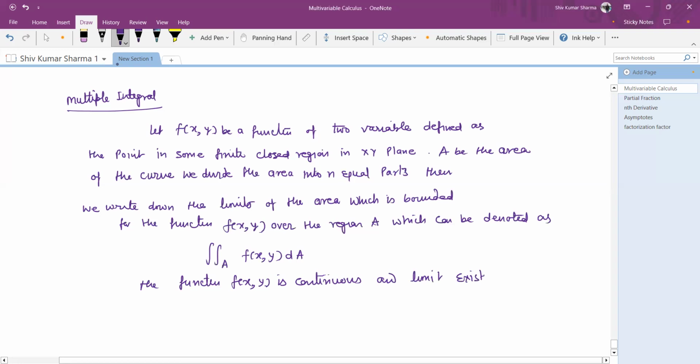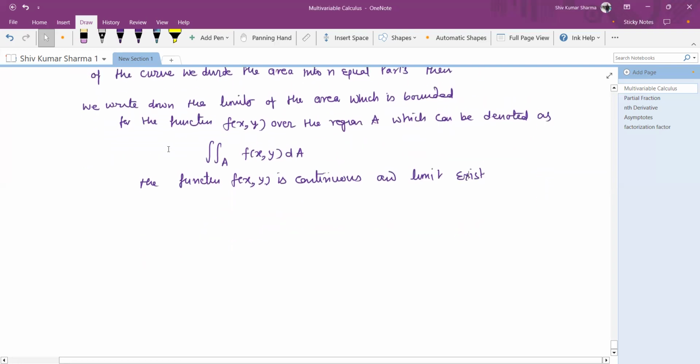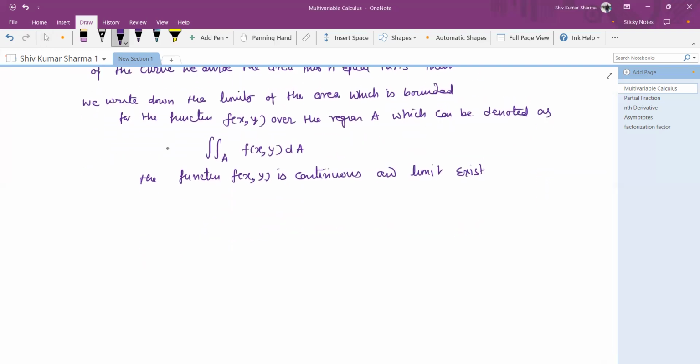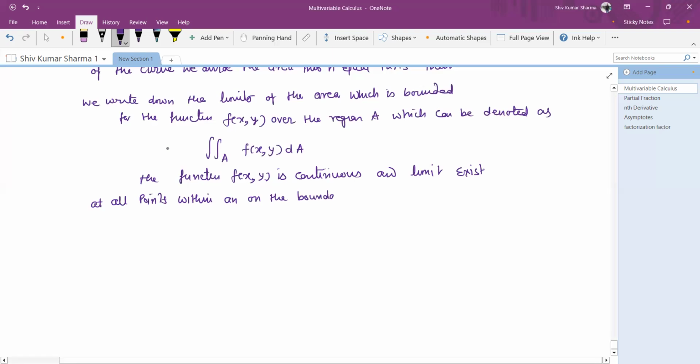This is the necessary part: the limit must exist at all points within and on the boundary of the region A.